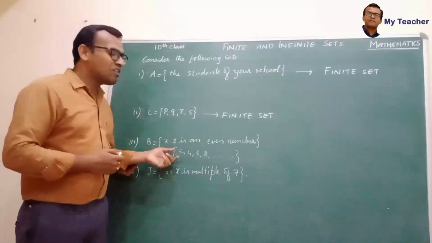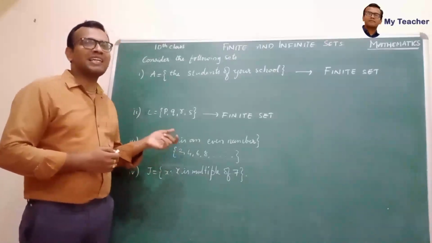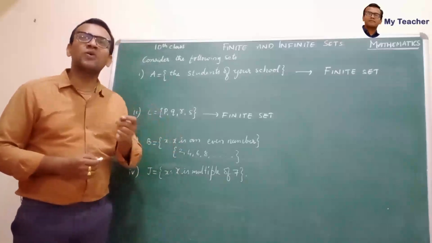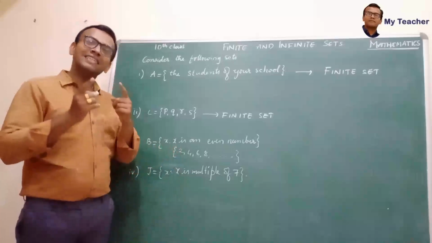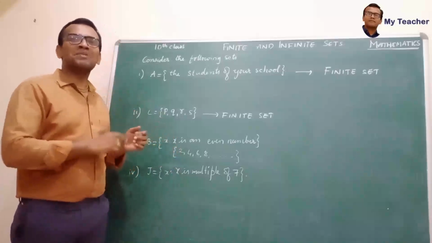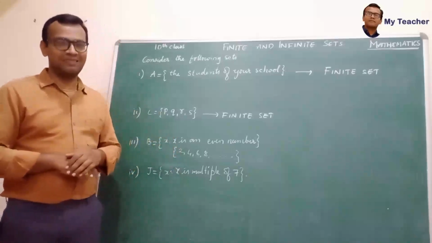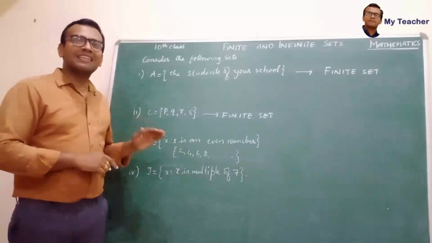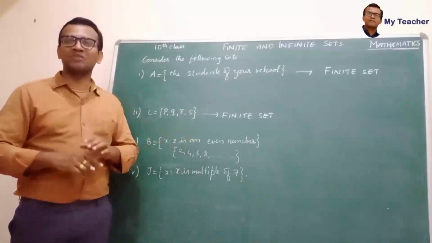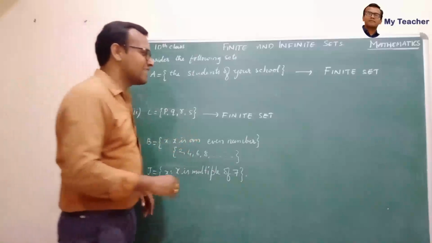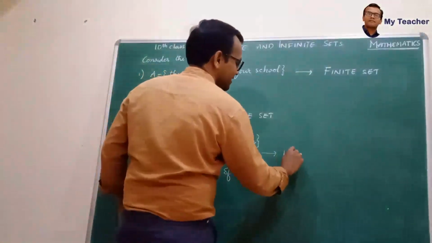We cannot express the number of elements of this set in a whole number, so it is not a finite set. When it is not a finite set, then it becomes an infinite set.